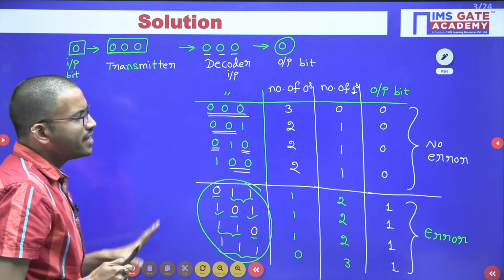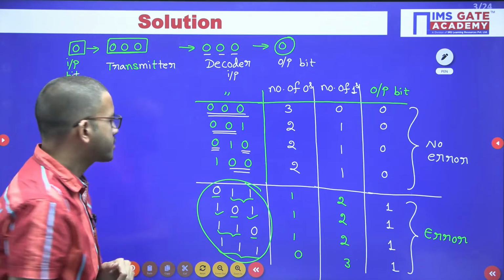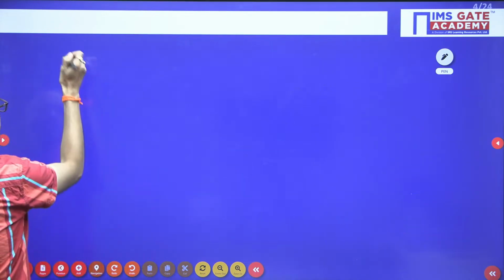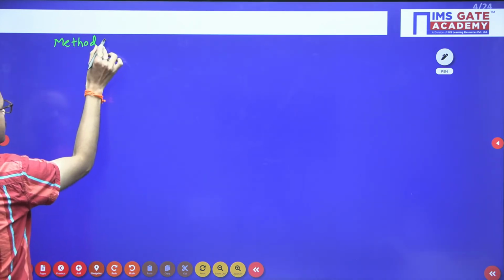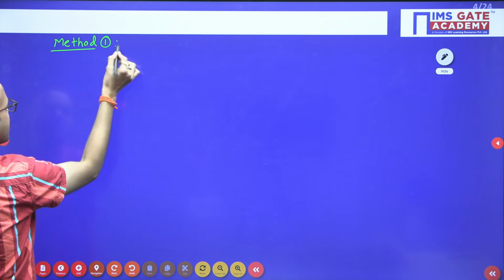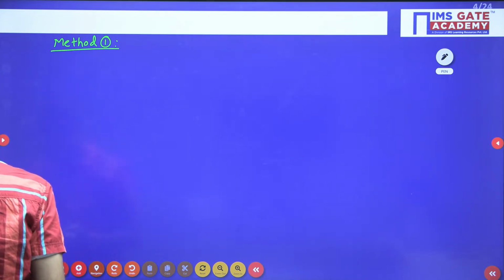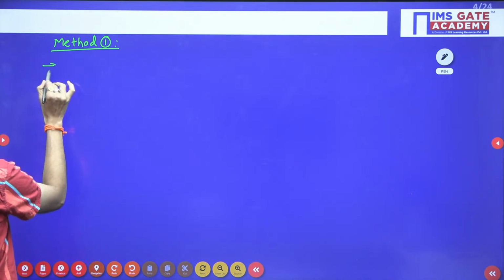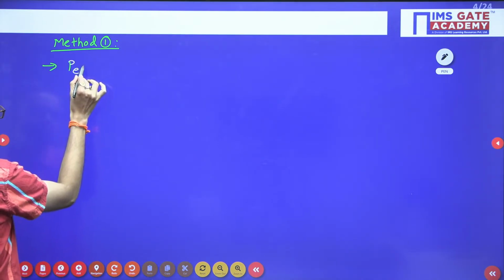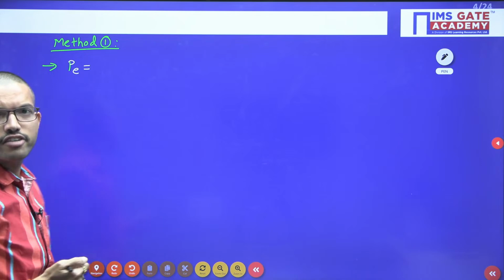So for the timing, let us solve this question in 2 methods. First, let us solve the question in method 1. In the yesterday class we discussed the probability of error.